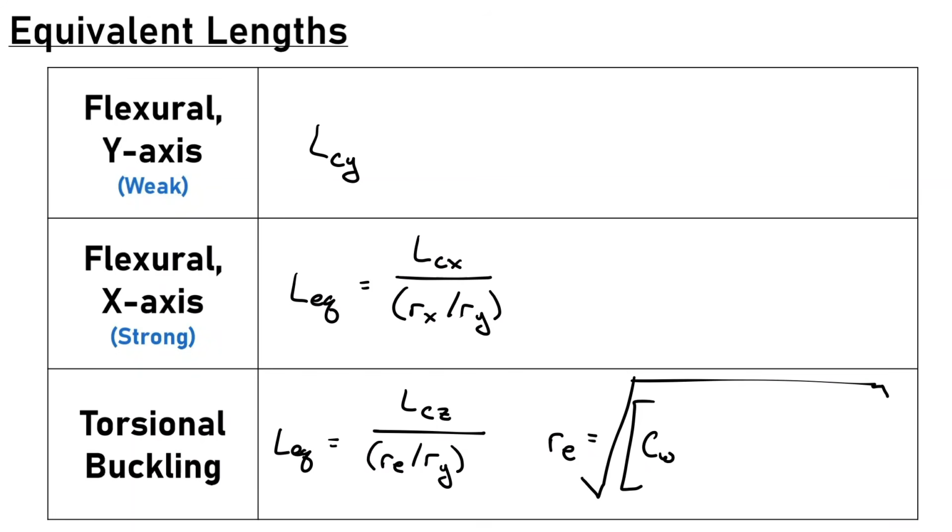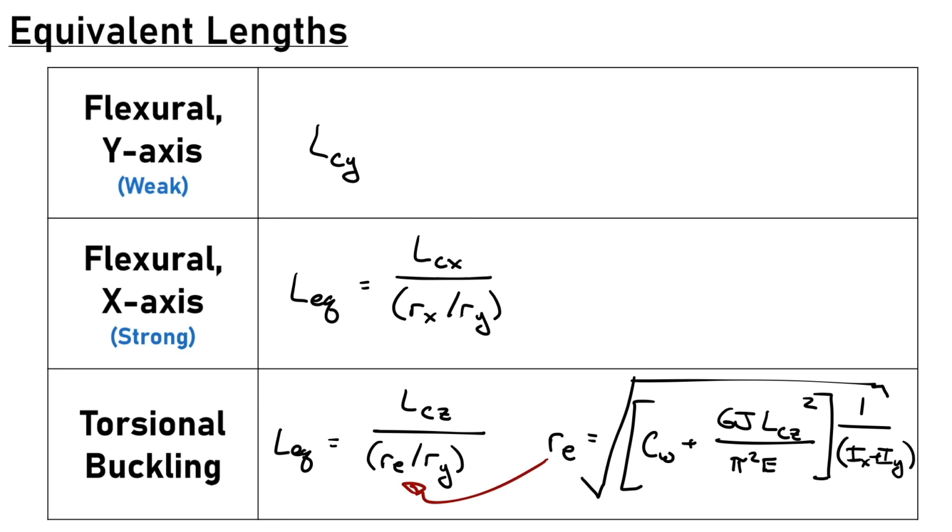We got a CW plus GJ, your unbraced length in torsion squared, divided by pi squared E. We'll close our bracket there, and then you'll also, under the square root, have a 1 over Ix plus Iy. So this obviously looks very similar to the effective stress for torsional buckling, and that's essentially where this derivation comes from. So if we plug that value into here, then our design tables, by looking up L equivalent, will get you the correct torsional buckling capacity.